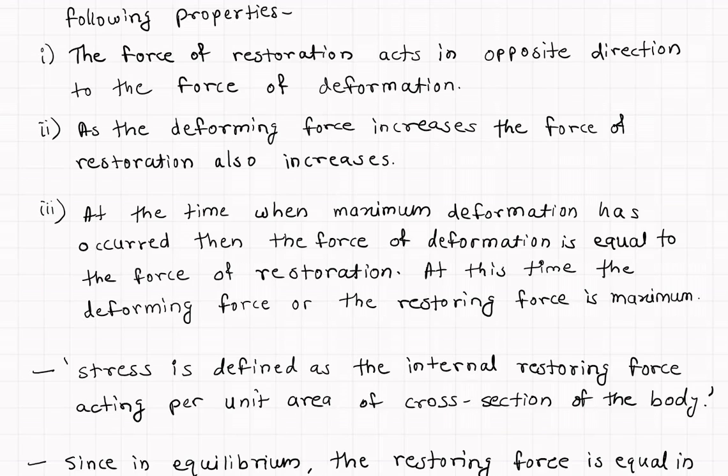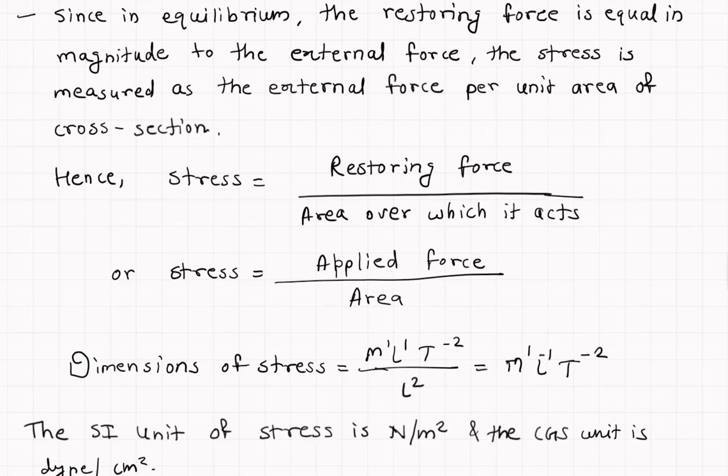Stress is defined as the internal restoring force acting per unit area of cross section of the body. Since in equilibrium, the restoring force is equal in magnitude to the external force, the stress is measured as the external force per unit area of cross section.